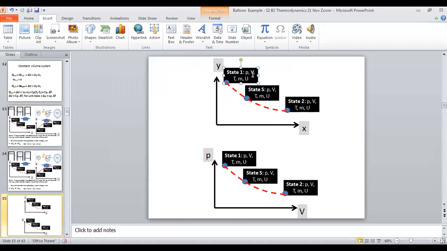So state 1, I will put X1, Y1 coordinates. Okay. State 2 is X2, Y2.